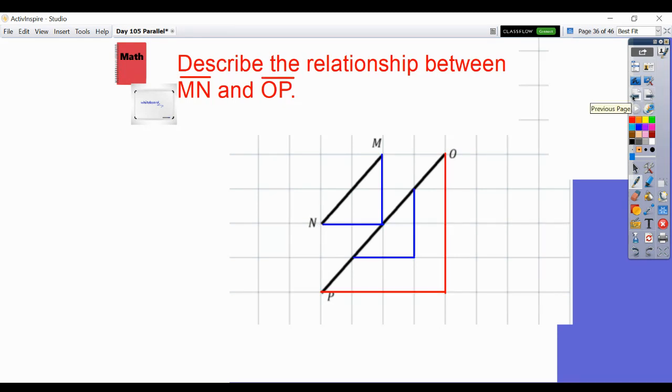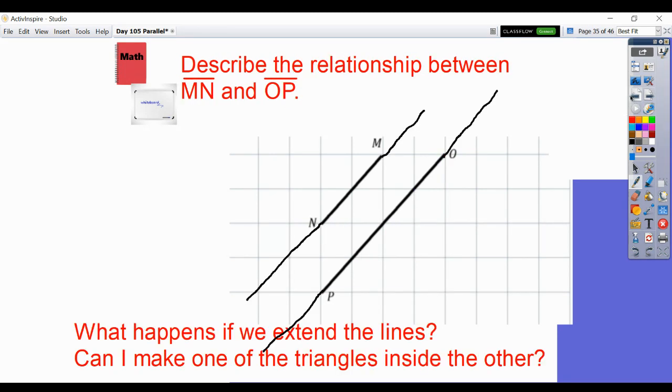Okay, they continue to run side by side, so we can say they are not intersecting, they are not perpendicular, they are in fact parallel.